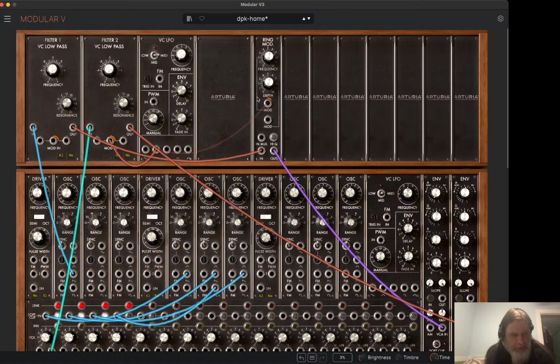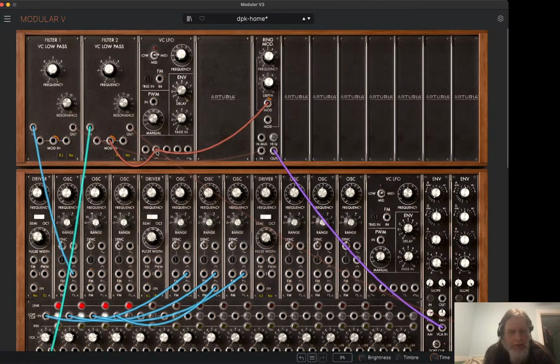The ring modulator that is affecting the sequenced notes is being modulated by the LFO, and the frequency filter on the bank of octave pad sounds is being modulated by the LFO as well, both using a triangle wave here. As I hover over it, you can see it being highlighted.